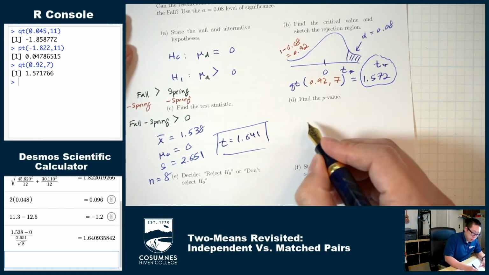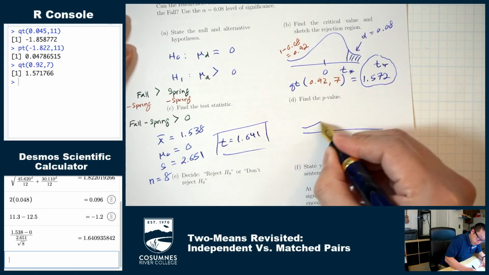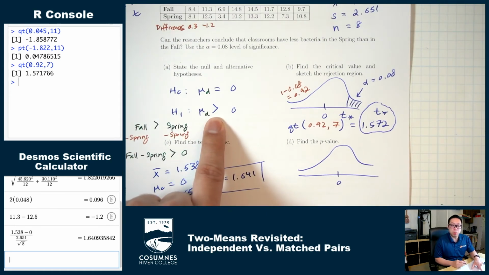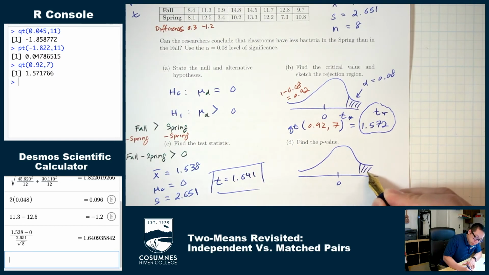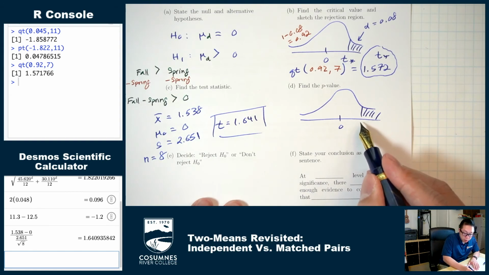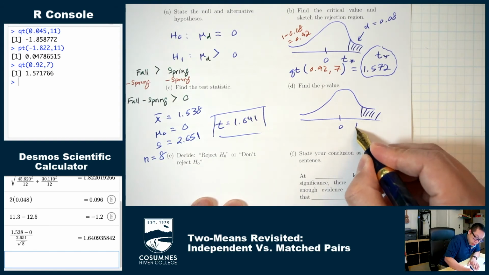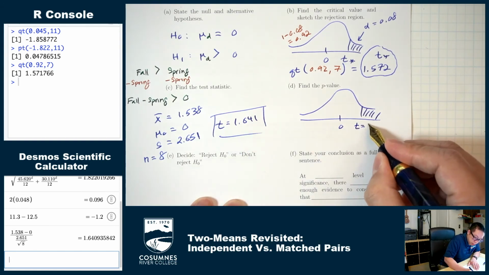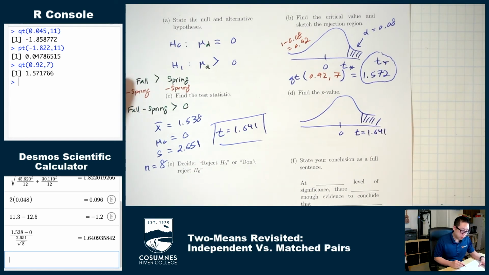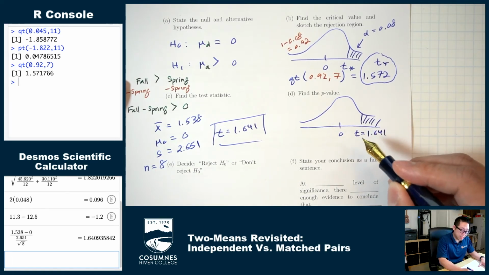Part D, find a p-value. We'll draw our picture. Because it's greater than, this should be shaded to the right. Put your test statistic on your picture. So I did expect something to the right, so it's positive. All right. Our job is to find a shaded area. That's the p-value. So this is a t to area problem.